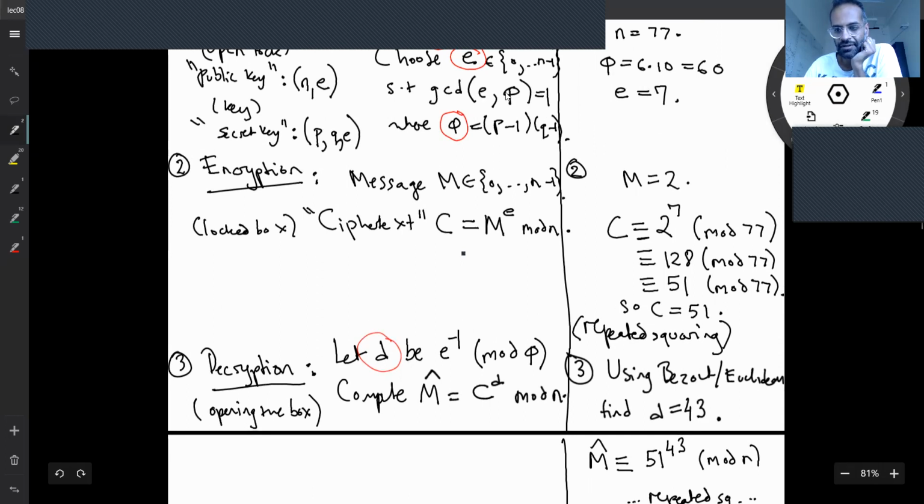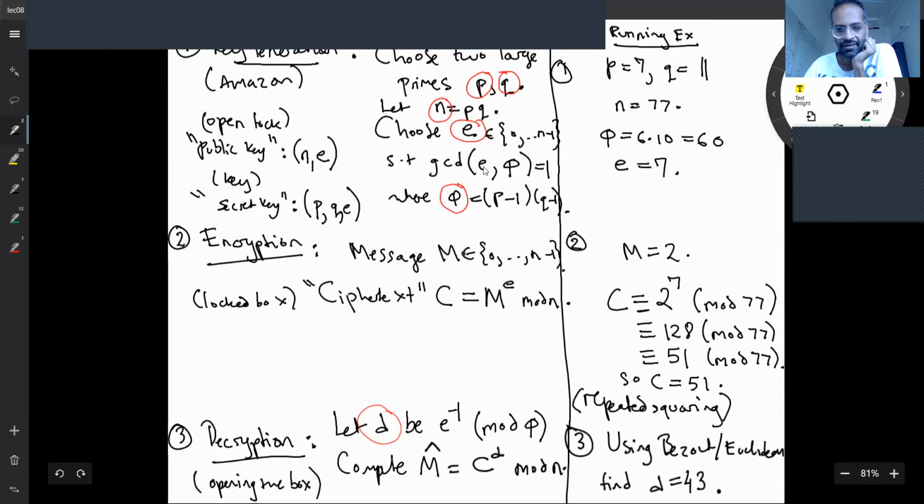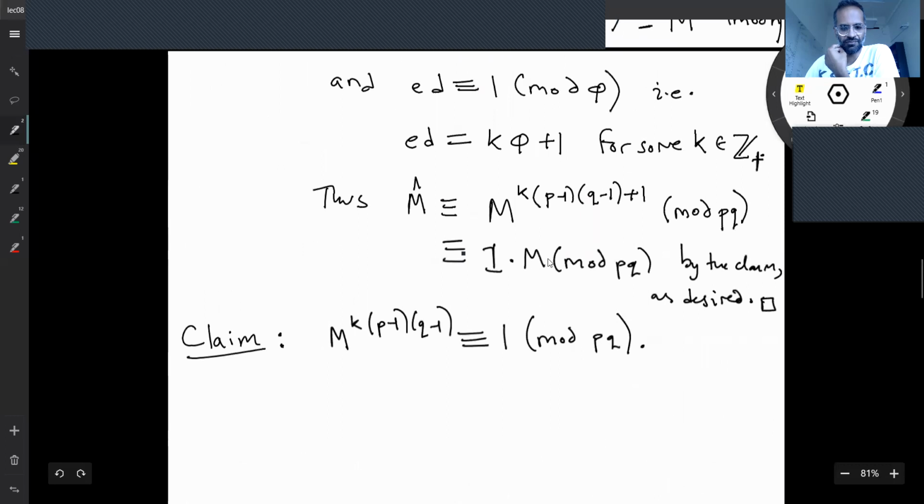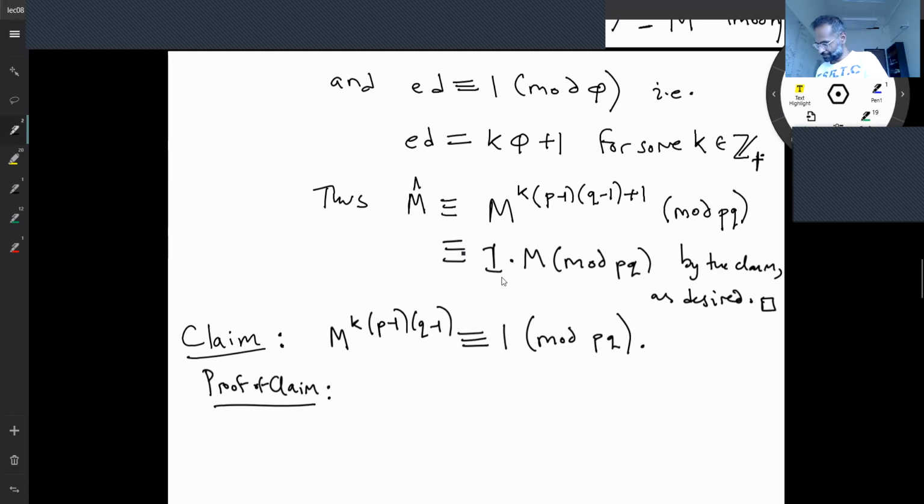We proved that in the previous lecture. e and phi are relatively prime, so e has an inverse. Okay, let's assume k is positive for now. Okay, so let's prove this claim. So this proof is going to have two cases.